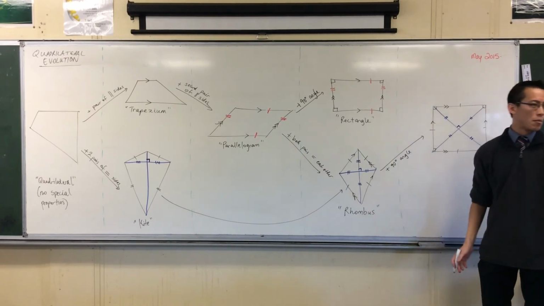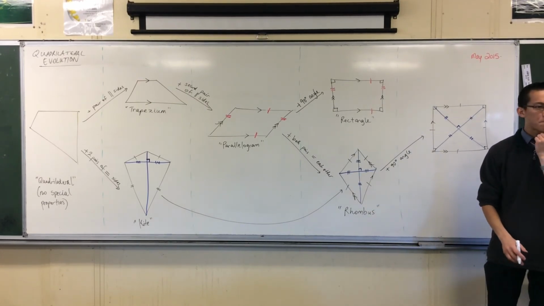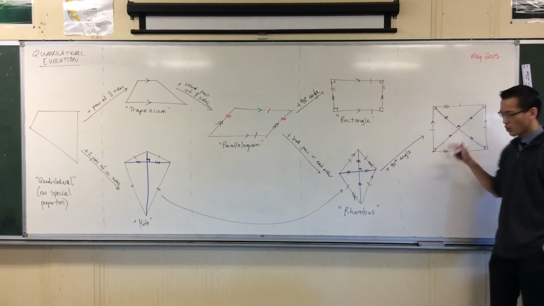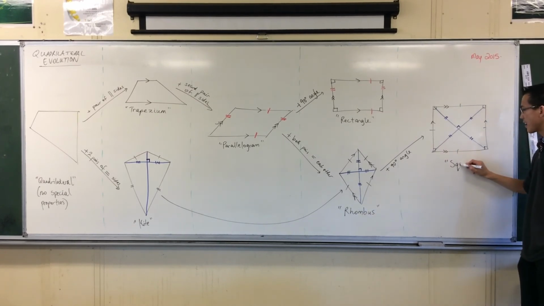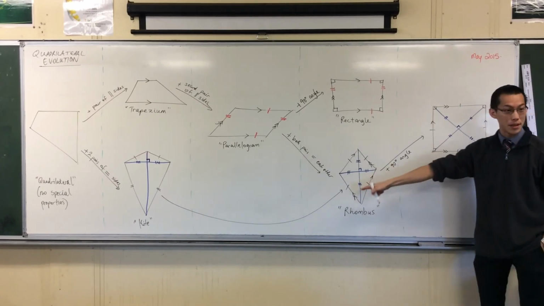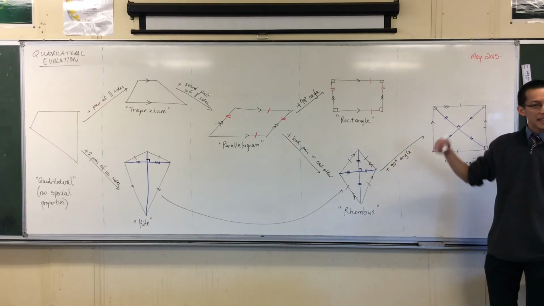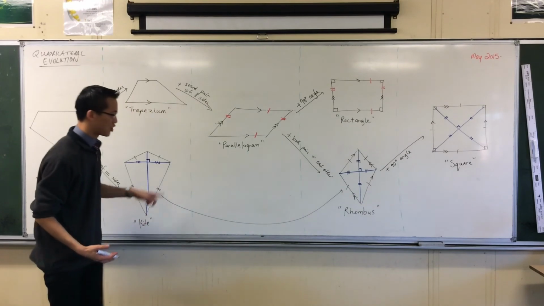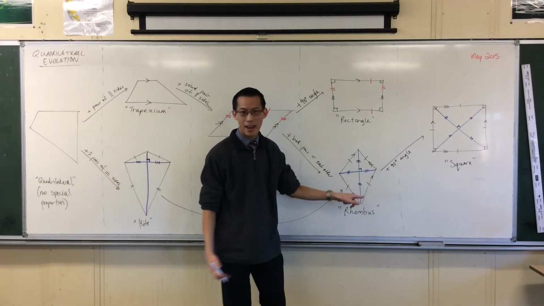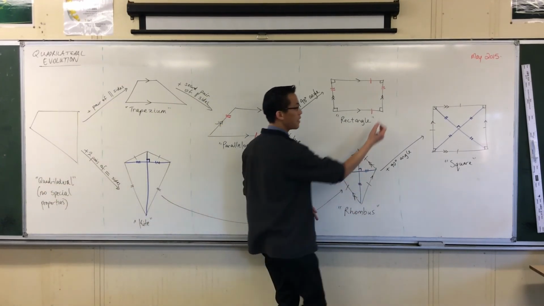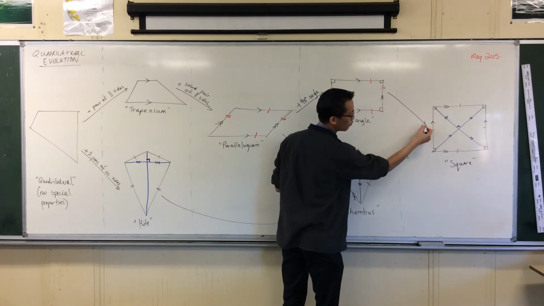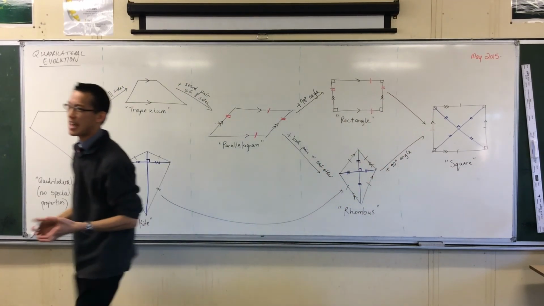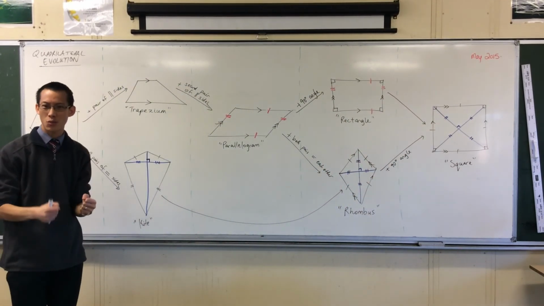Yeah, kind of. Now, there's one more thing I forgot to mention, right? I can get to the square by taking a rhombus and adding a right angle. But that's not the only way I can get to the square, right? Sometimes a shape can evolve in more than one way. So you can see, if I go from the rectangle, what must I add to a rectangle to turn it into a square?